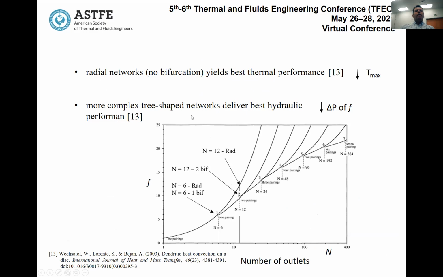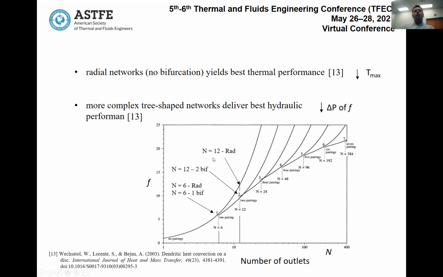And the more complex flow with the tree-shaped networks would yield lower delta P or lower F, which means it would produce lower pressure loss. This F here is the dimensionless fluid resistance. So we have here our 4 geometries based on that.